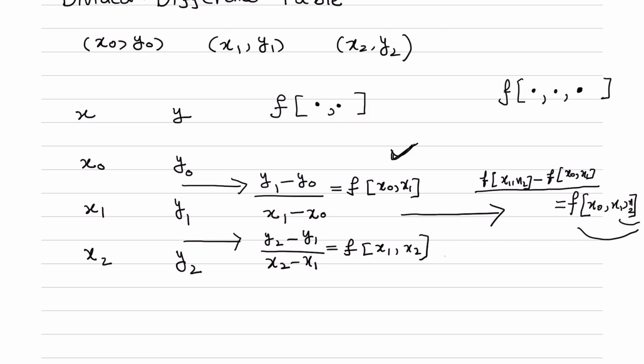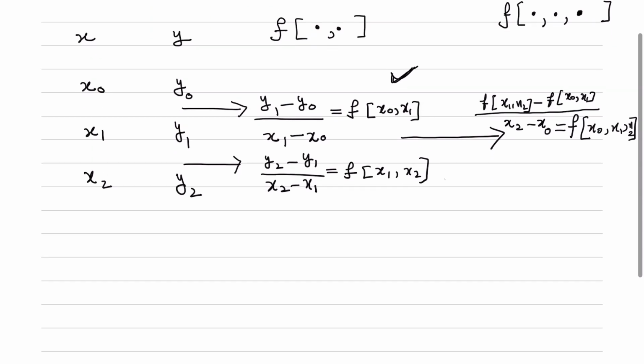Last x is x2 and the first x is x0. So we will put here divided by the last x minus the first x. That's why we had written the name of what we are going to get here first, and then we wrote this divided difference. This is how we construct the divided difference table.